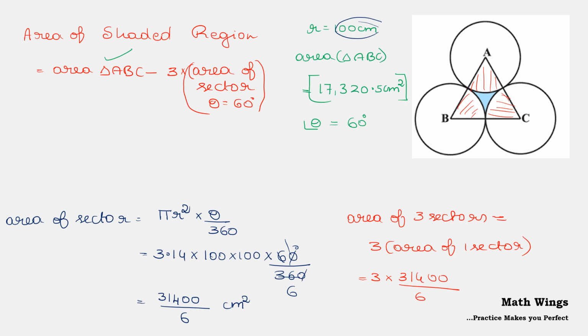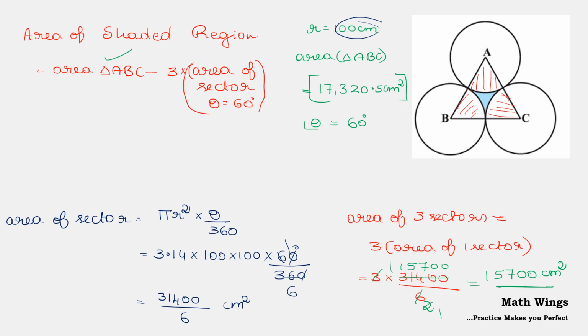So what do we get here? 3 ones are 3, 3 twos are 6, as well as we can cancel: 2 ones are 2, 2 fives are 10, 2 sevens are 14. So I'll get here 15,700, and the unit is centimeter square.